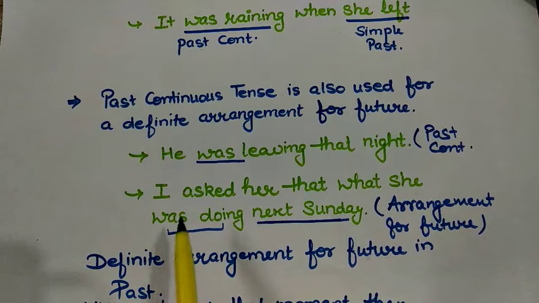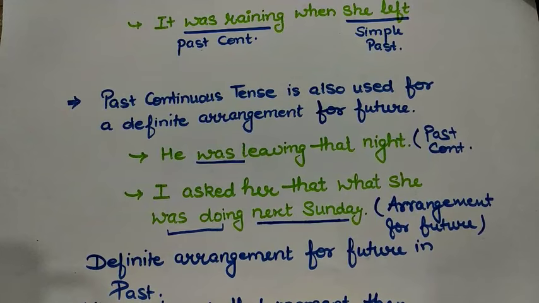I asked her what she was doing next Sunday means what the possible plans were. So we also use past continuous tense for a definite arrangement for the future in the past.